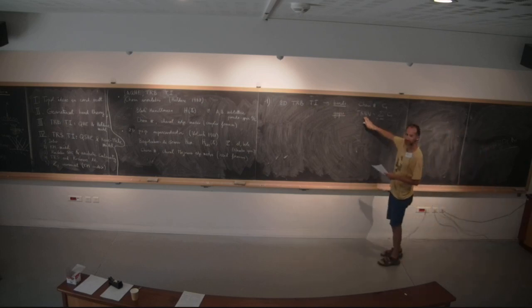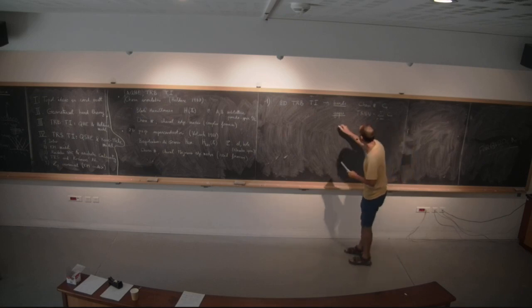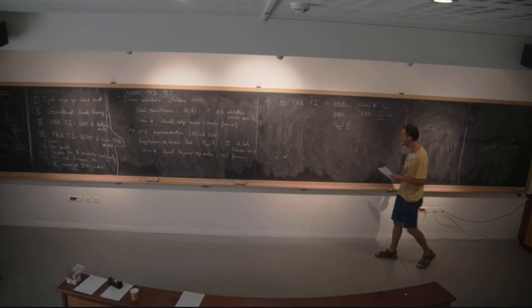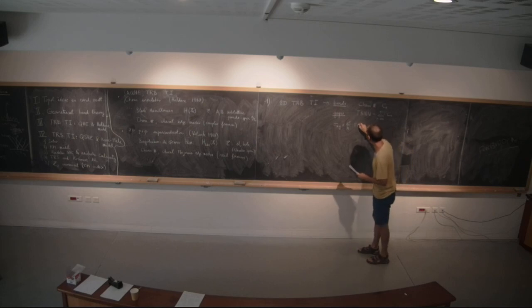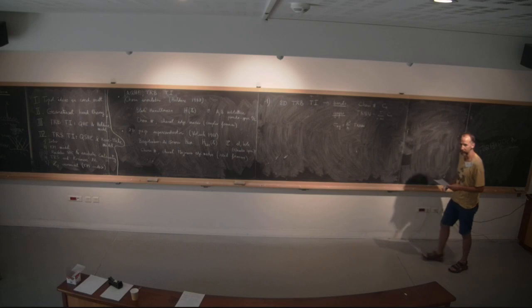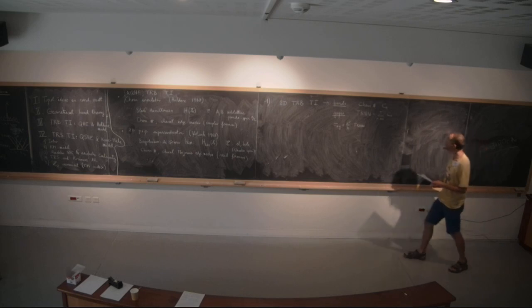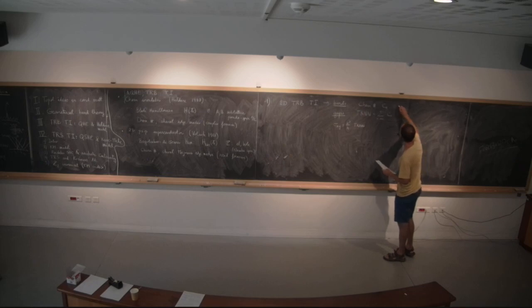This index lives in the gap, this index lives on the bands, and the physics, here, is the quantized Hall effect. That's the quantum of conductance times this number. That's the main result of Thouless, Kohmoto, Nightingale, and den Nijs. And because the Chern number is an integer, this number is also an integer.